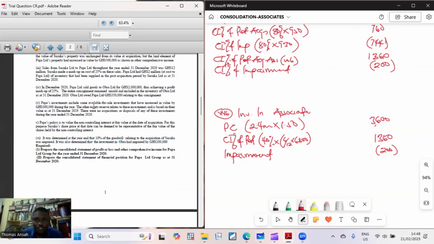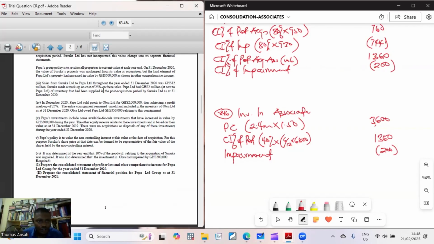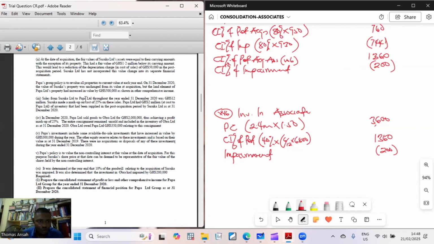We were told that there was an investment increase, right? The investment increase that we saw, where was it? It included, and that thing went up. So fair value change of investment. Change in fair value of available for sale.